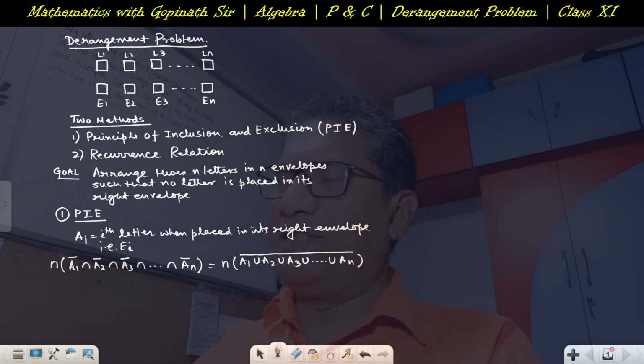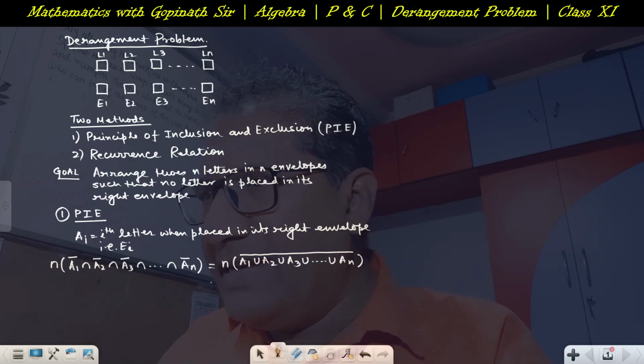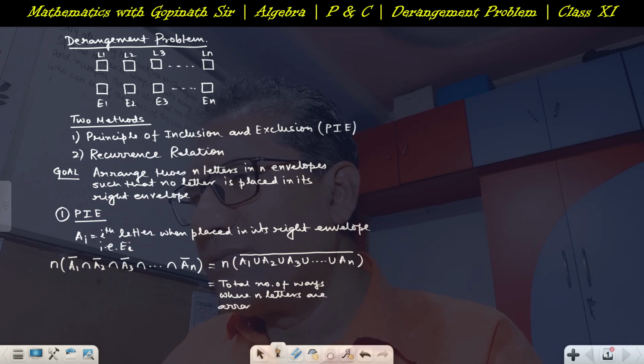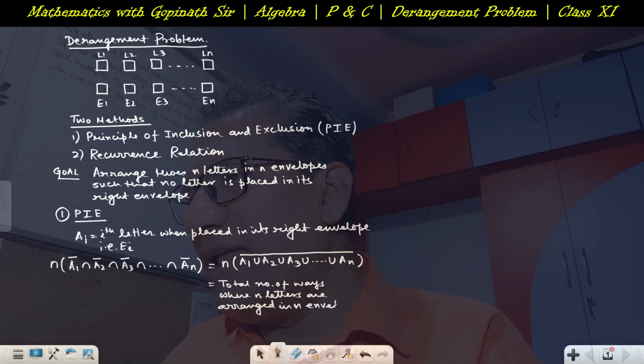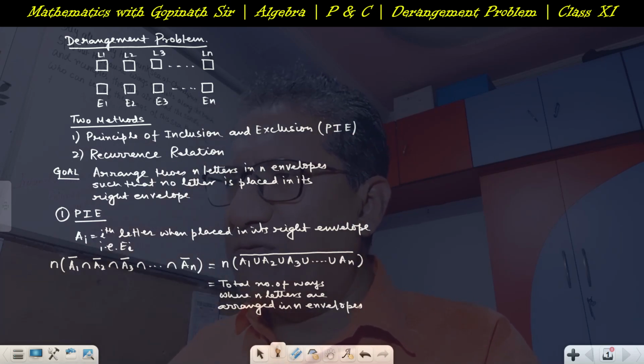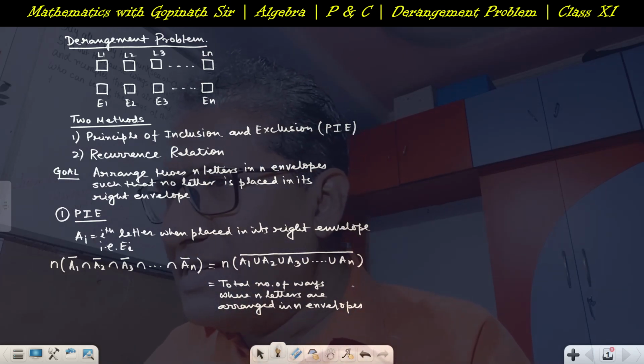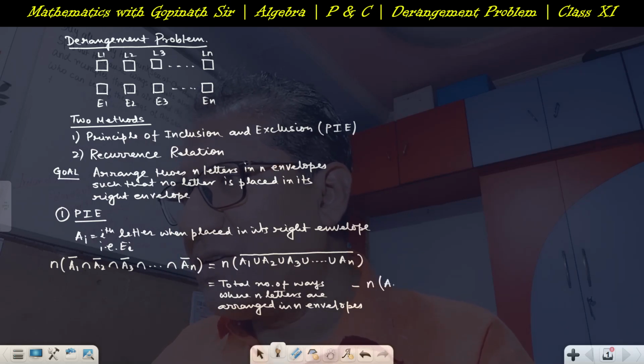Correct? Whole complement. Now what is that? It is the total number of ways where n letters are arranged in n envelopes, minus the total number of ways of A1 union A2 union A3 and so on till union An.